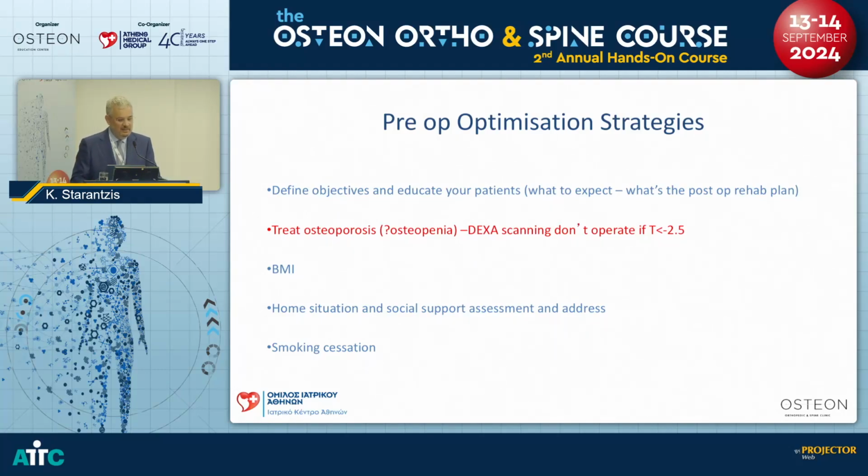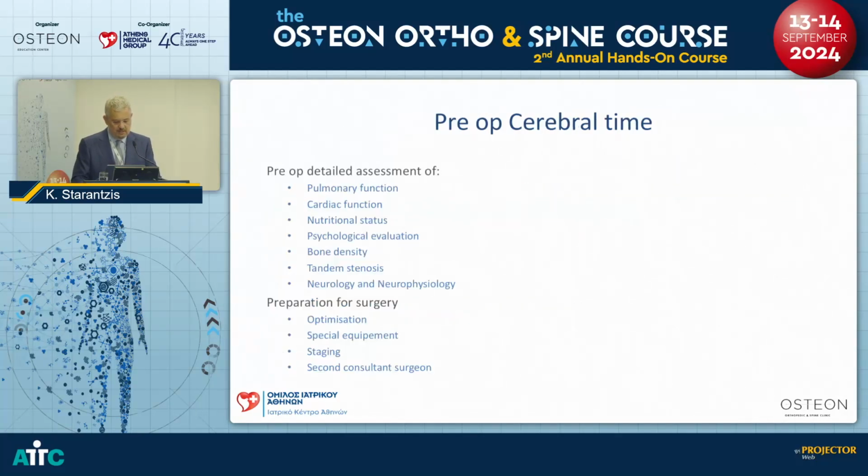She will fail. And smoking cessation is important for such a big surgery, in my opinion. So patient optimization, such as pulmonary function, cardiac function, nutritional status, psychological evaluation, and bone density, as I said.